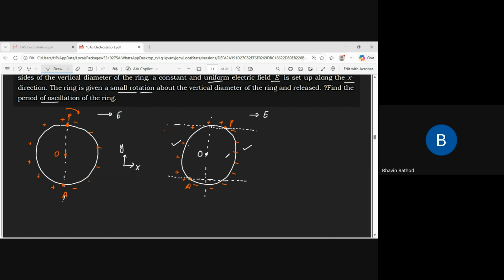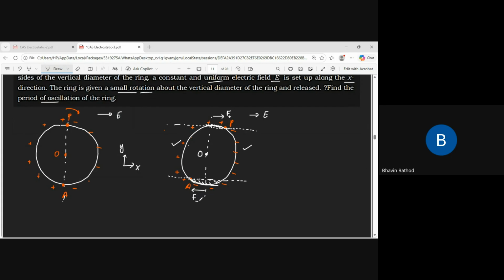However, above the top horizontal line, the charges in this portion will have a force somewhat in this direction. Similarly, for the charges in this portion of the ring, the force is going to be in this direction.